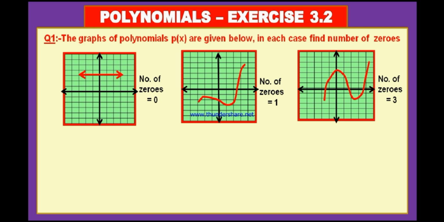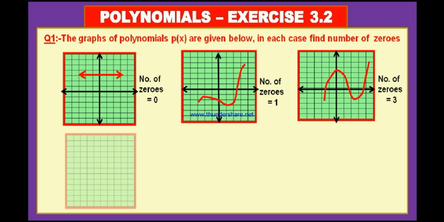Because we know that the zero of a polynomial is nothing but the value of the variable for which the total polynomial is 0. In order to get the zero, you have to find the value of the variable x for which the total polynomial is 0.